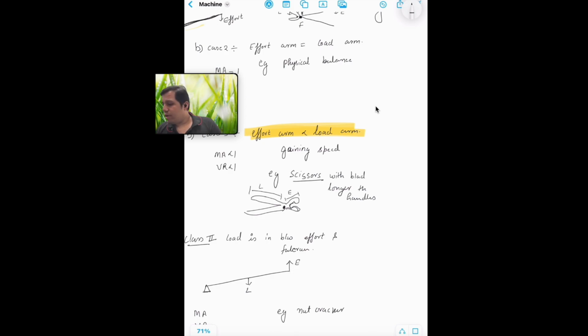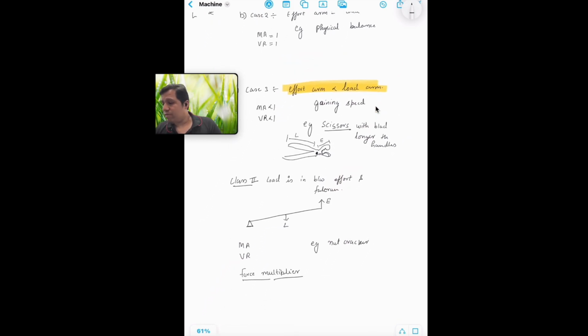Now we will come to the second class of levers. Second class of lever is when your load is in between effort and fulcrum. What is the length of your load arm? This one.